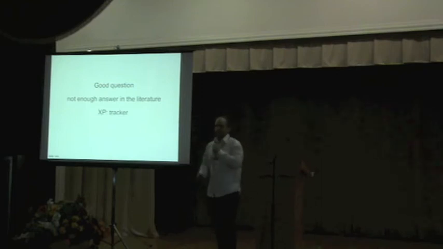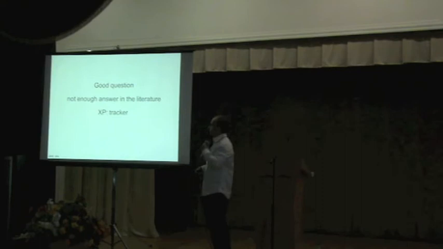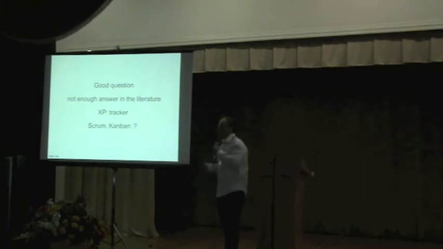The only way they show it is usually the burn down chart, which is not enough. XP has a tracker, in Scrum or Kanban. Who's responsible for that? The answer is quite hard, but it depends on your environment. In our team, it's the Scrum Master who's responsible for the project.